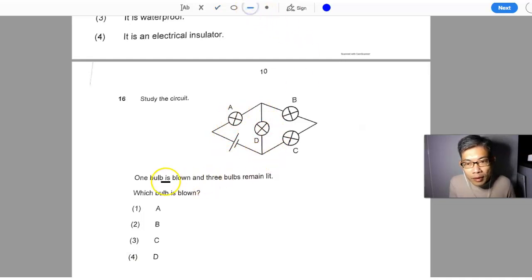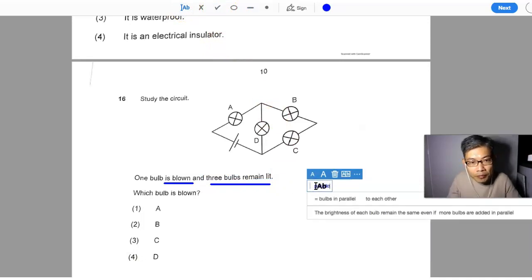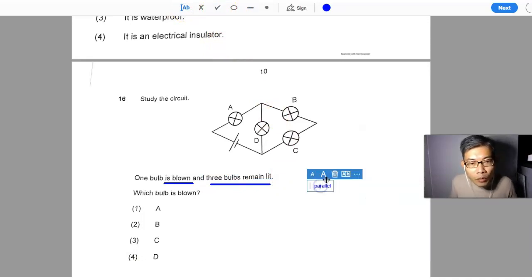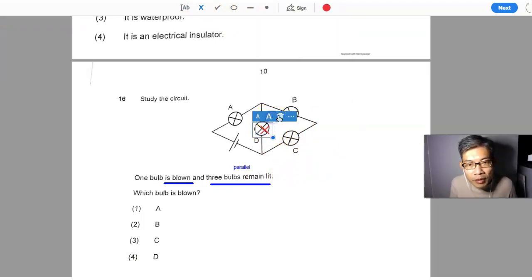So the clue here says when one bulb is blown, the tree remains lit. This tells you that the bulbs should be arranged in parallel. Unlike the other one that was in series, it remains lit. So let's say if this one were to blow, I'll use red color to make it obvious.